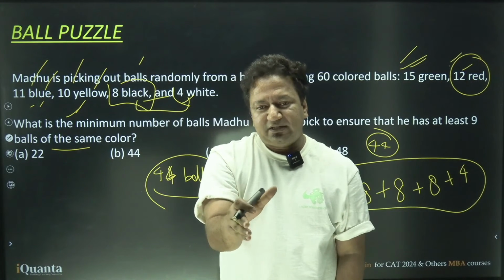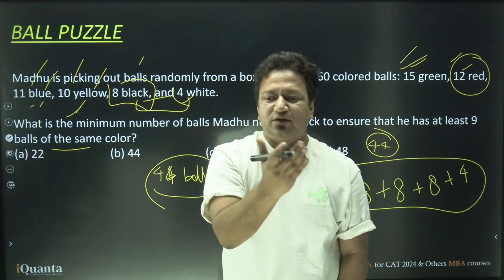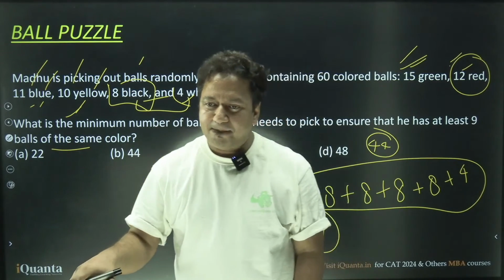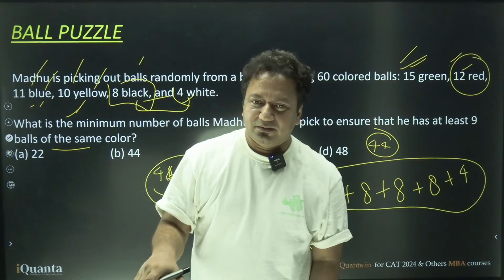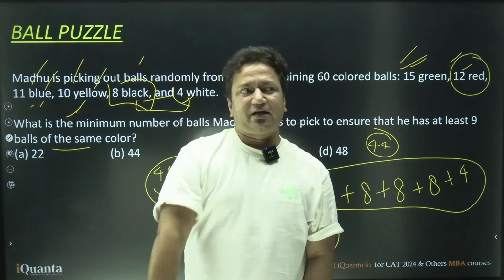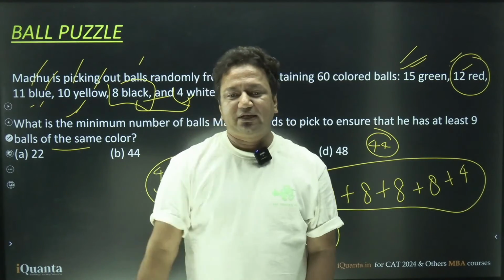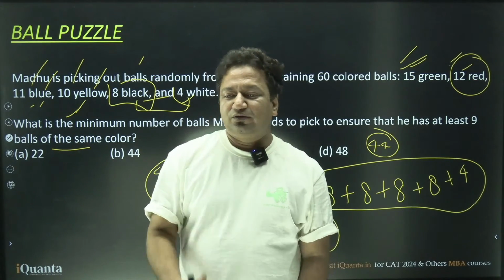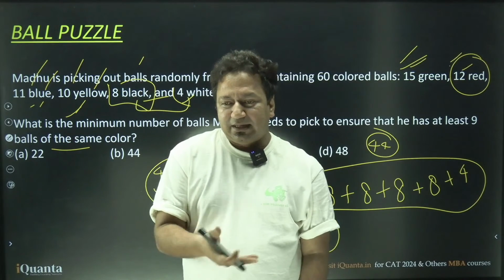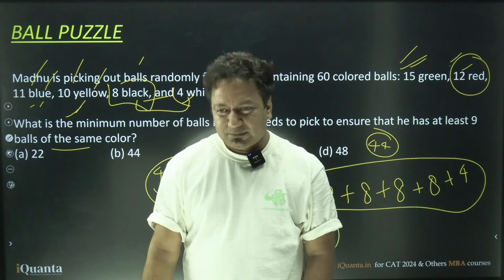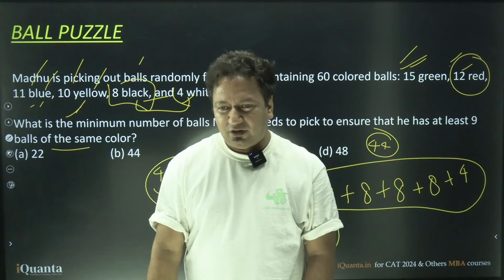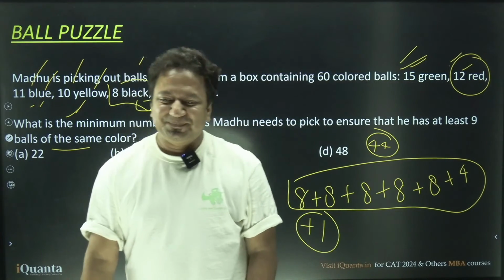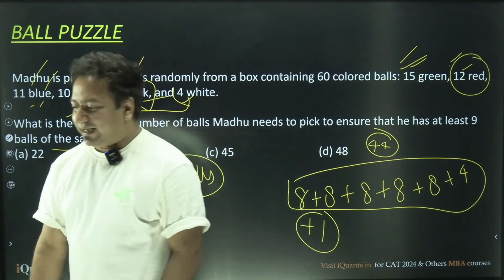This is the prerequisite towards logical reasoning and data interpretation of the CAT. That is where we start, and I'm sure you will revise it in case you don't understand it and try to solve some more simple puzzles step by step, and I'm sure we all will be winners. Thanks everyone. I'll see you again.